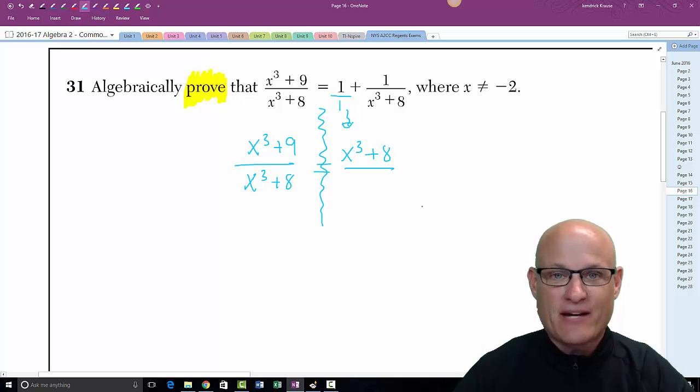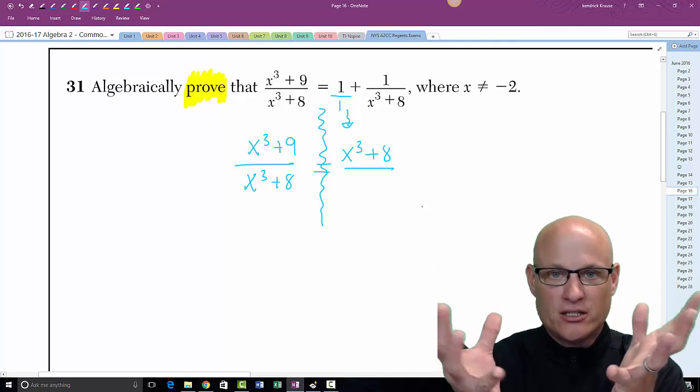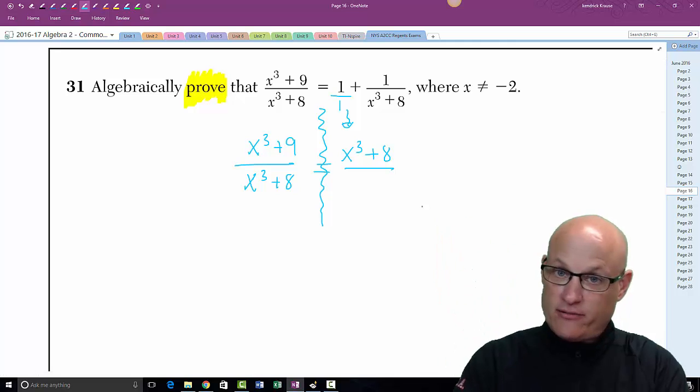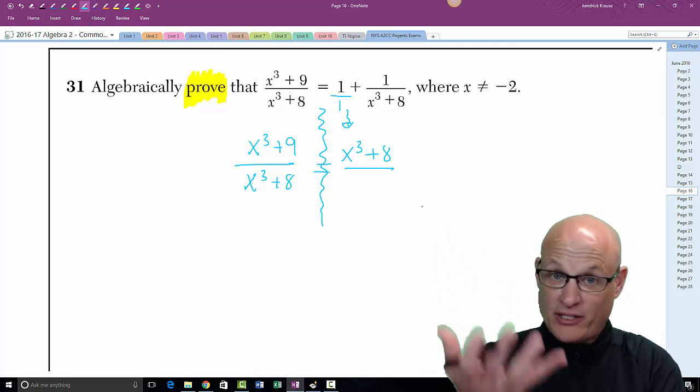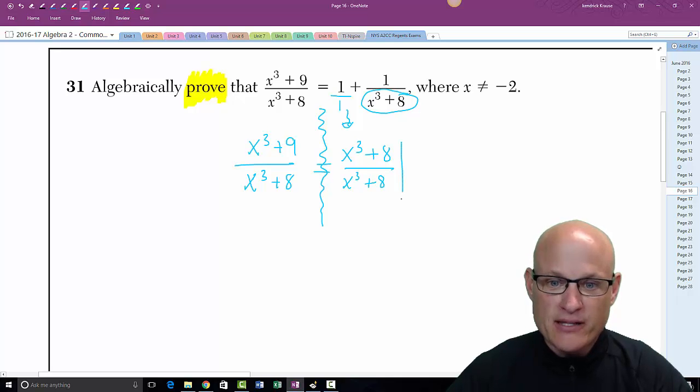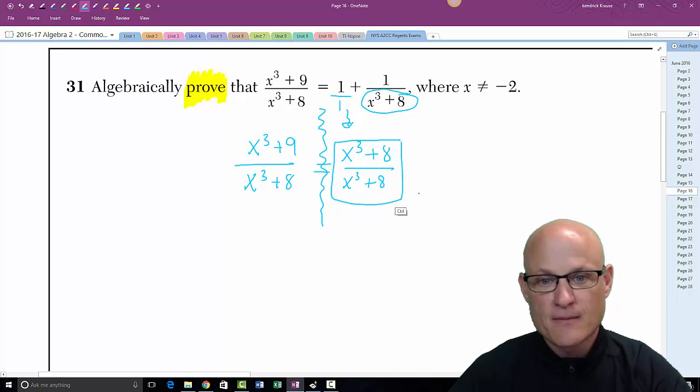I could write it as a big flaming pile of dung over a big flaming pile of dung. If you have dung over dung, you got 1, and you got a mess, but it's still 1. So I can write it any way I want, and since I need to have a common denominator, I'm going to write it as x cubed plus 8 over x cubed plus 8. This big thing right here is just a 1.